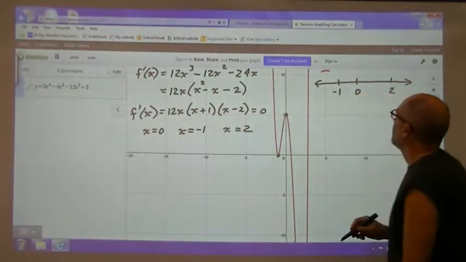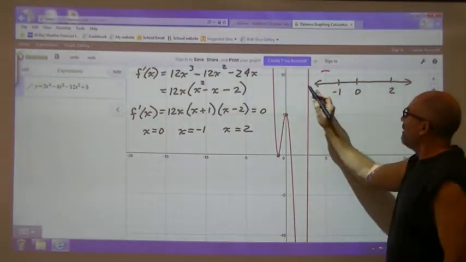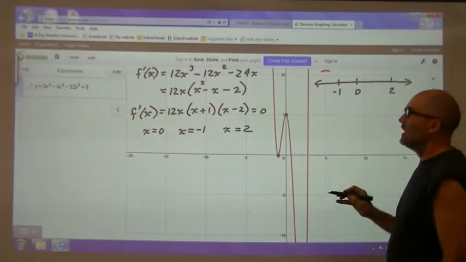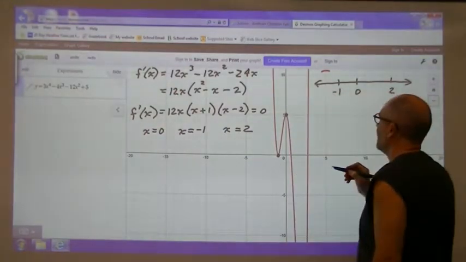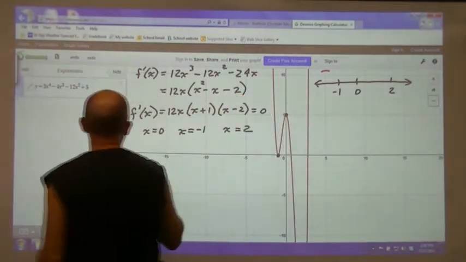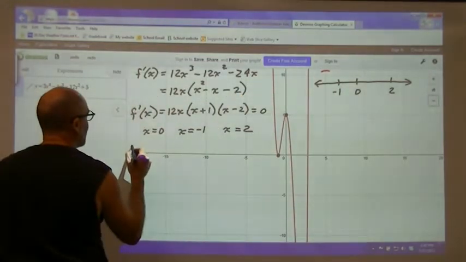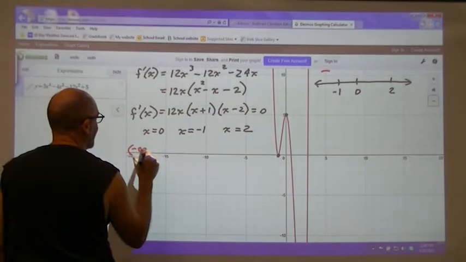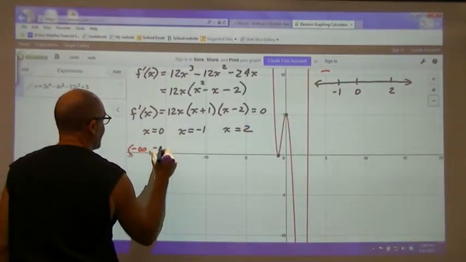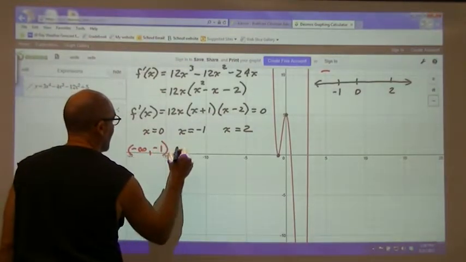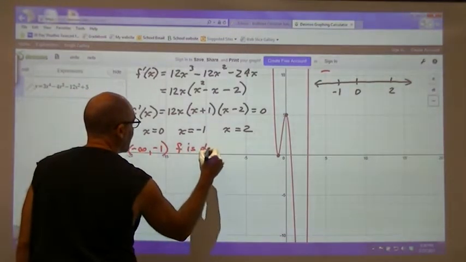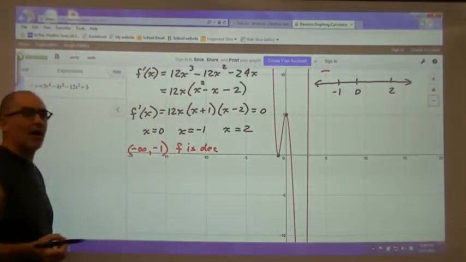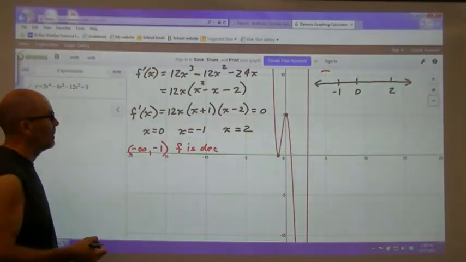So what does that mean? Well, to the left of negative 1, my function is decreasing. So I could actually say then that on the interval from negative infinity to negative 1, f is decreasing because f prime is negative there.